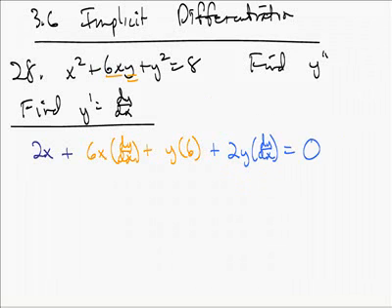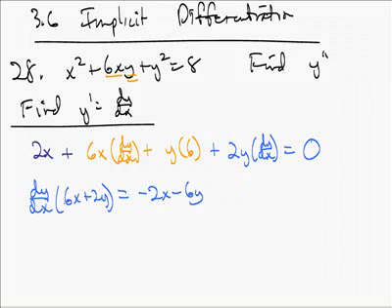Let's get things squared away here. So I have dy dx times 6x plus 2y on the left, and that's equal to, on the right side, negative 2x minus 6y. And so dy dx is equal to negative 2x minus 6y divided by 6x plus 2y.